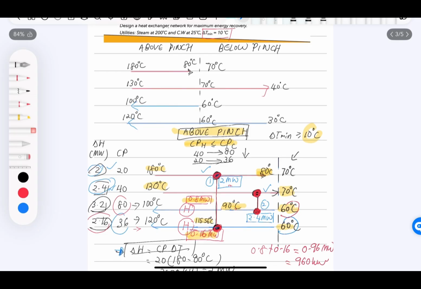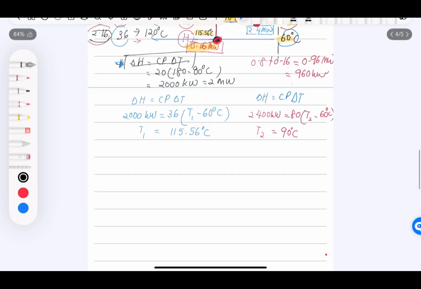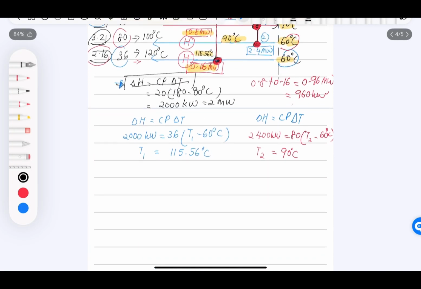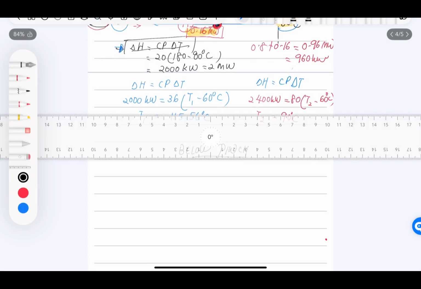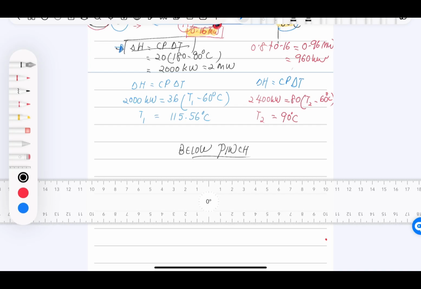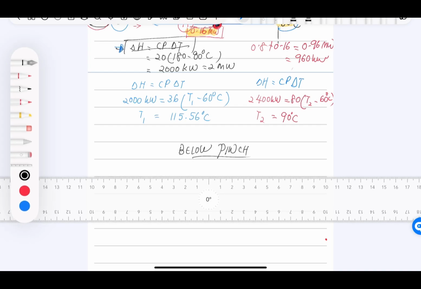So looking at this, you only have two streams, one hot stream and one cold stream. So we're going to do the area below pinch.